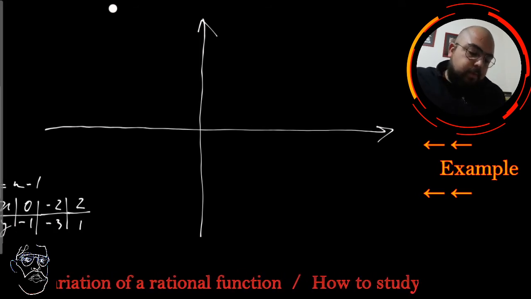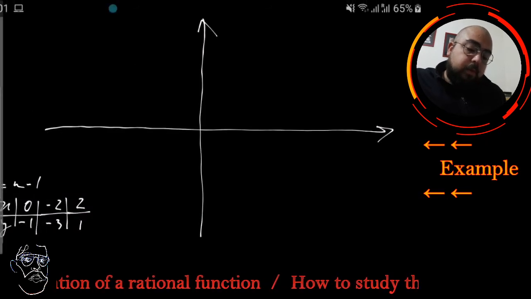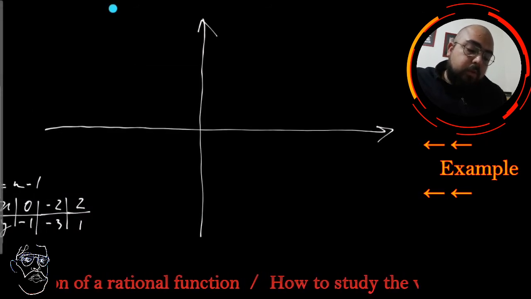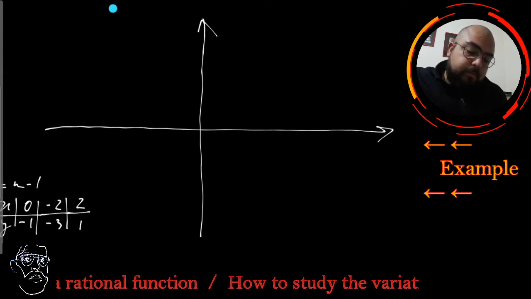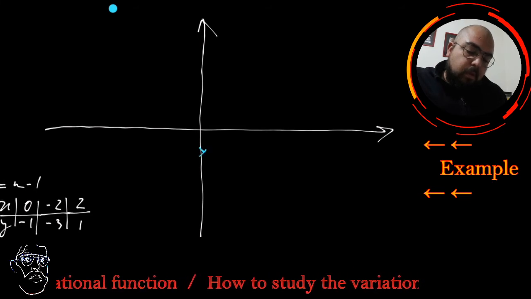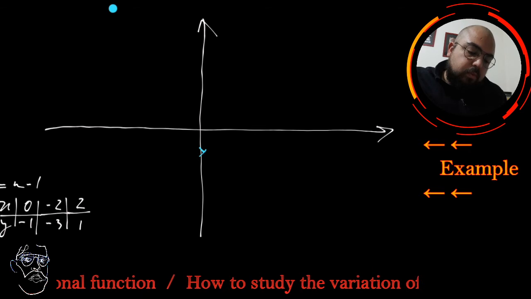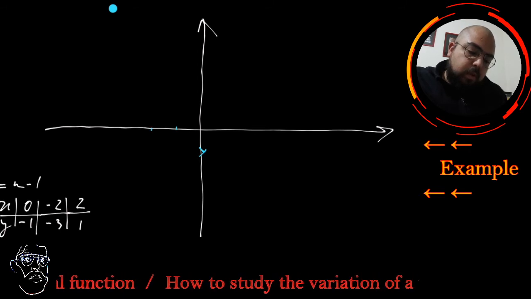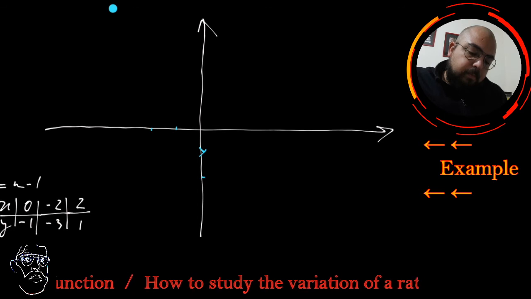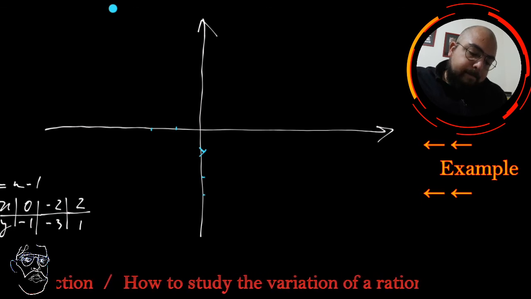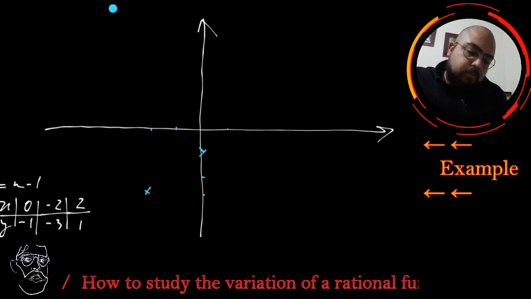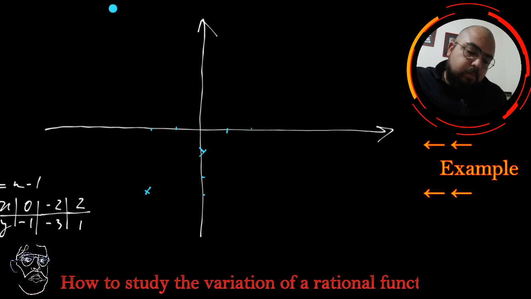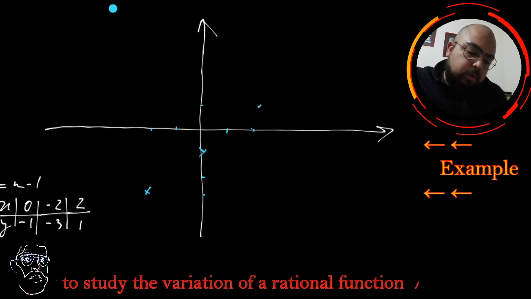So the first thing that I will be doing is to represent my line, the oblique asymptote. For 0 it's minus 1, for minus 2 it's minus 3, for 2 it's 1. So this is my oblique asymptote.